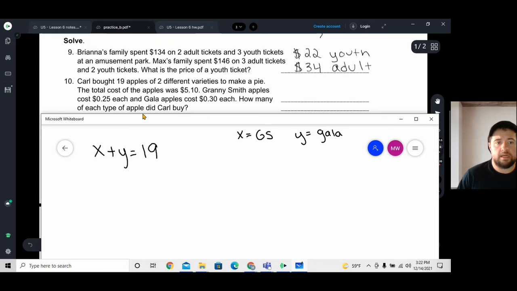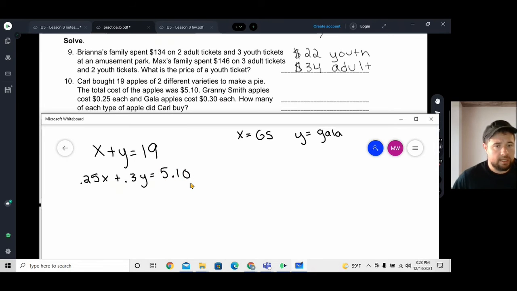Now, Granny Smith's cost 25 cents each, so 0.25x. Gala apples cost 30 cents each, so plus 0.3y for a total cost of $5.10. Now, like I said, it doesn't matter which variable you choose to get rid of. In this case, I'm going to get rid of my x's.